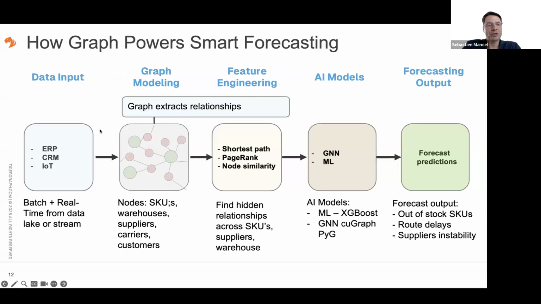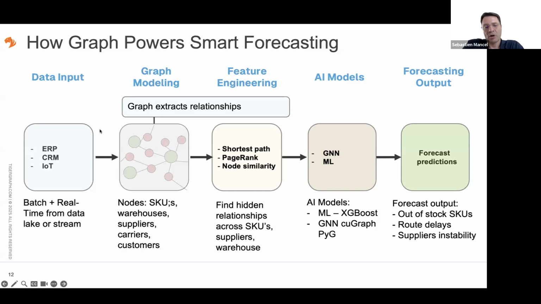Next comes feature engineering. So graph algorithms like shortest path, PageRank, and node similarity help us uncover hidden relationships, supplier influence, and inventory risk patterns. These graph-derived features are often much more informative for forecasting models than raw tabular data and significantly improve forecasting accuracy.